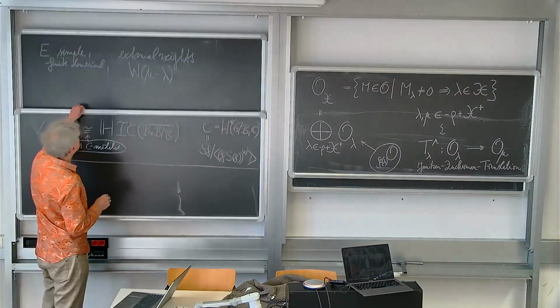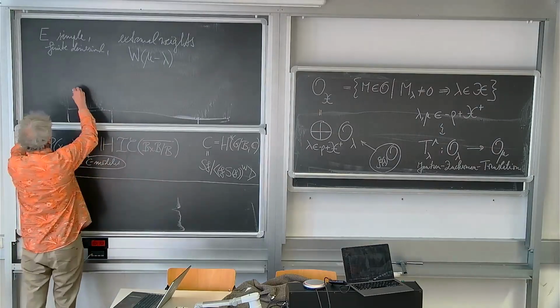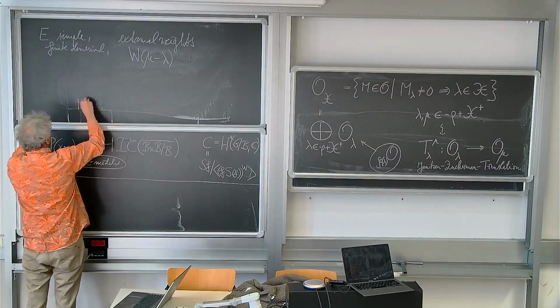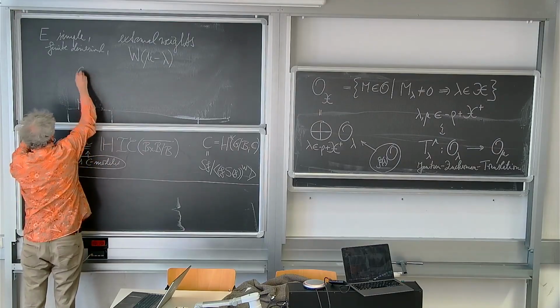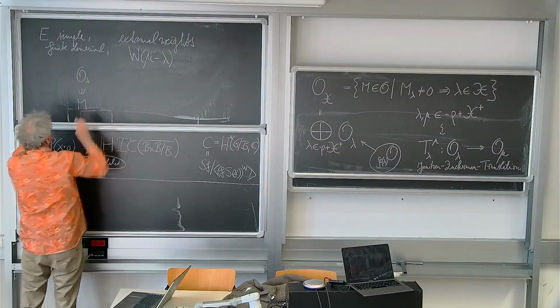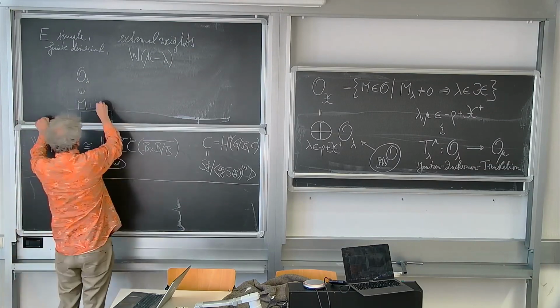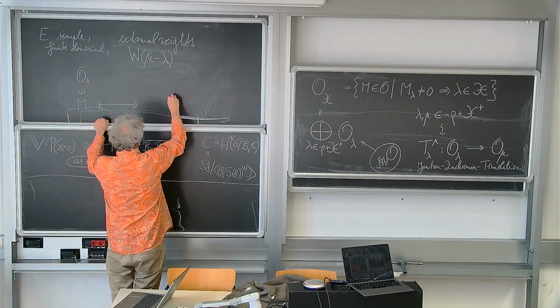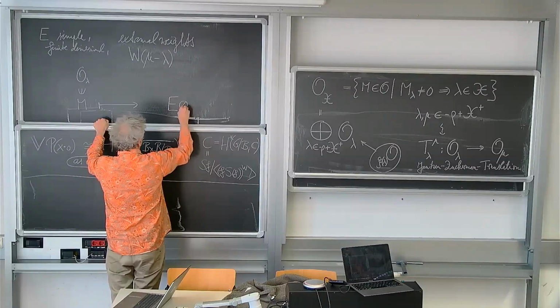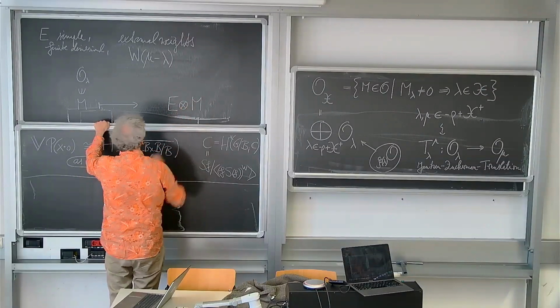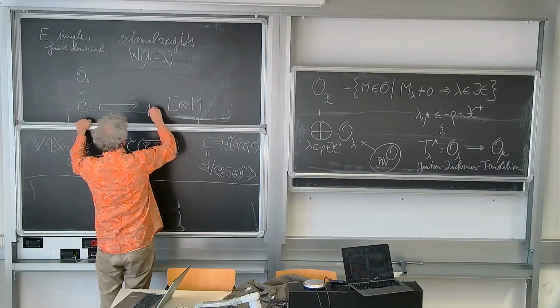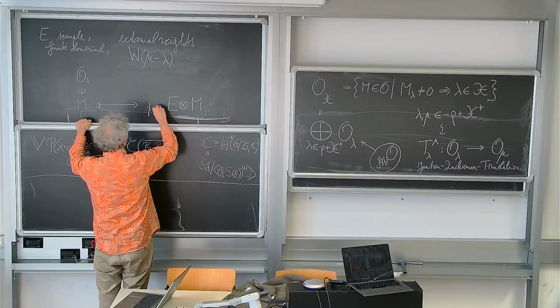then we consider the functor: if we have some object M in O lambda, then we map it to, well, we tensor with E, and then we project onto the new central character.